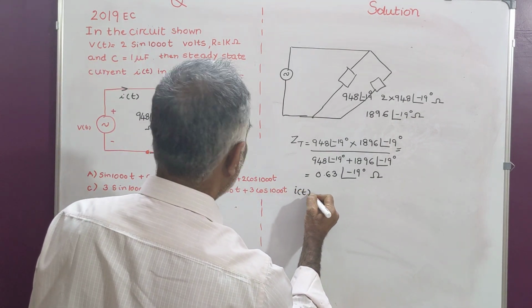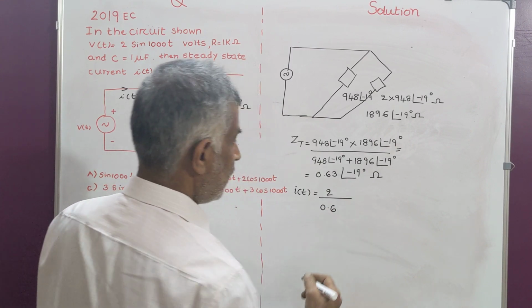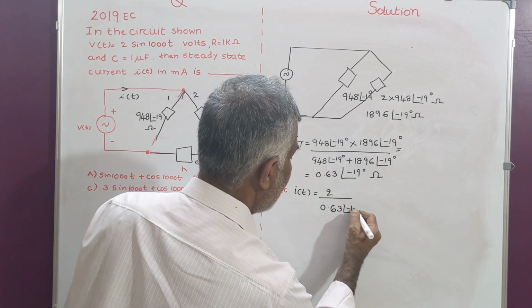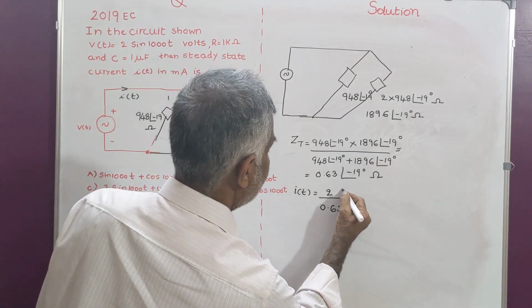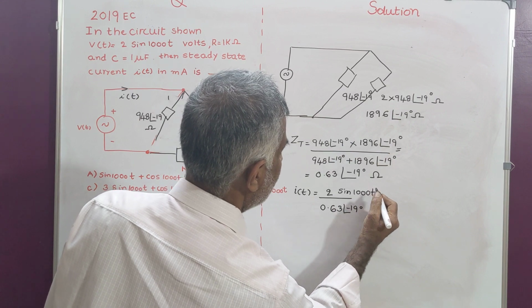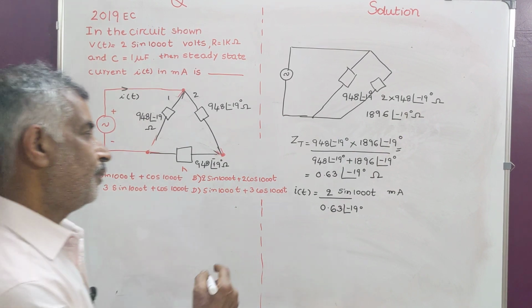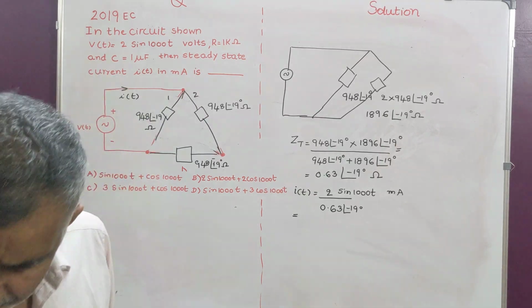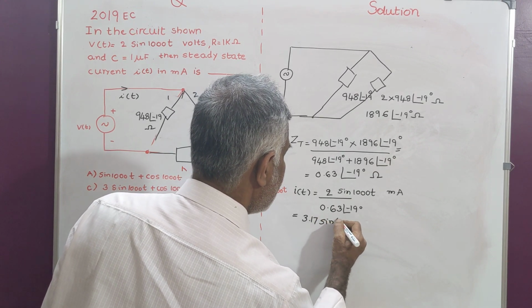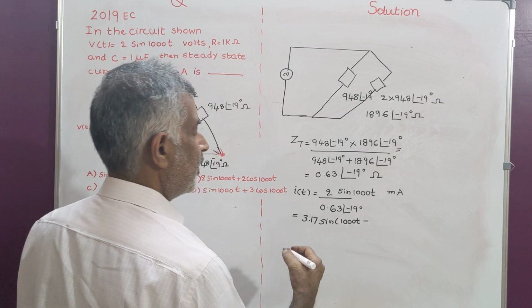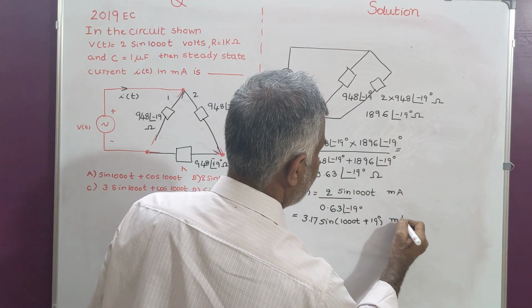Therefore, IT is equal to 2 by 0.63 angle minus 19 degrees, with 2 sin 1000t milliamps. This comes out to be 3.17 sin(1000t plus 19 degrees) milliamps, plus because it goes to the numerator.